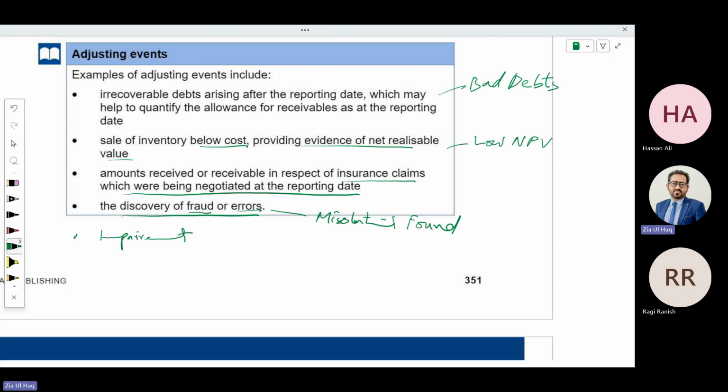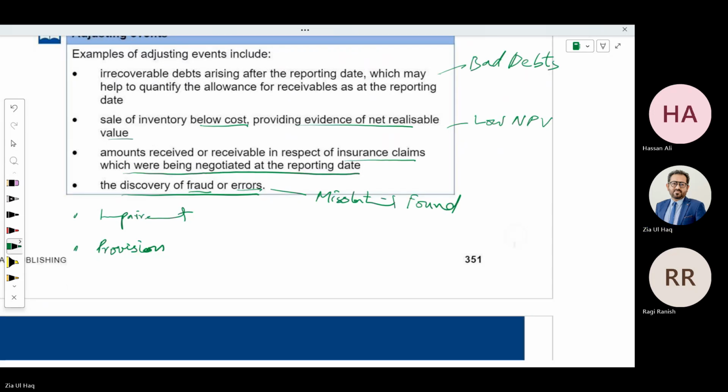For that, the financial statements need to be adjusted. One example could be relating to provision. There was a court case before year end. After year end the court decided the company needs to pay a penalty. This means a provision should be there in the financial statements.